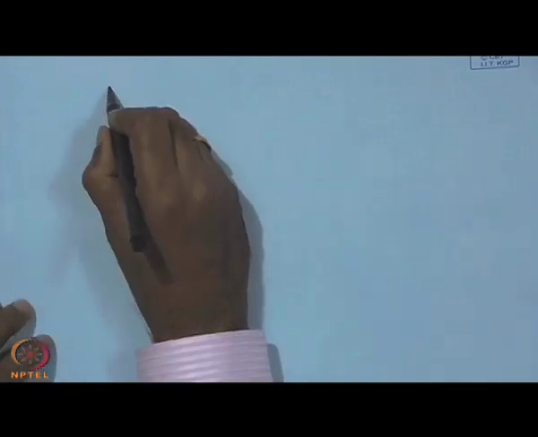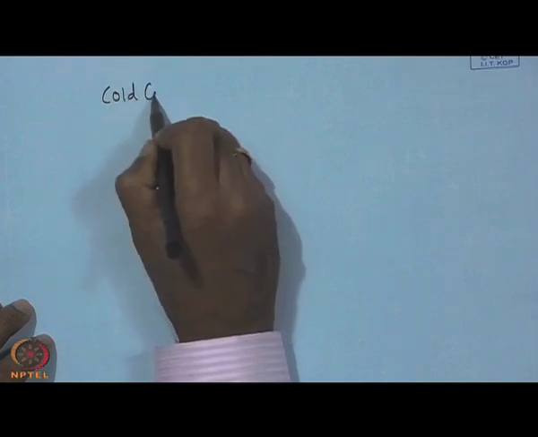Now, let us look at schematic of cold cathode ionization gauge.